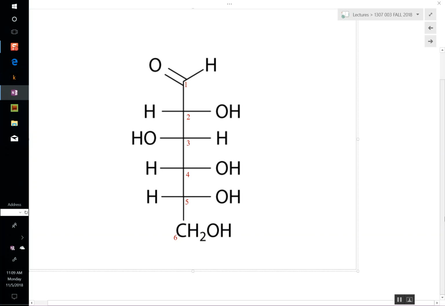So the carbonyl is on the end, and that end is carbon 1. Fructose, the carbonyl is going to be right here, and then we're still going to move that up towards the top. That's going to be carbon number 2 for fructose. It'll be 1, 2, 3, 4, 5, 6. But this is glucose. Carbon 1, 2, 3, 4, 5, 6.